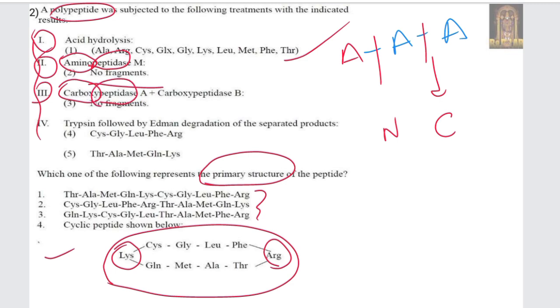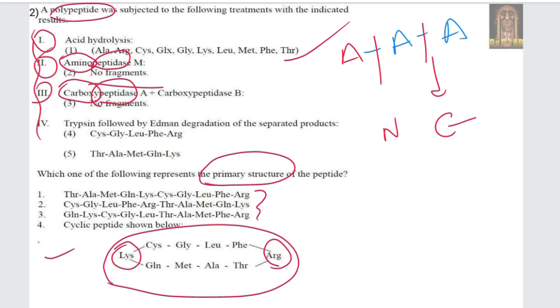CPA and CPB have specific residue ranges. CPA can only cut aromatic amino acids or branched aliphatic amino acids, like tryptophan, tyrosine, or leucine, isoleucine, if those are present at the C-terminal.